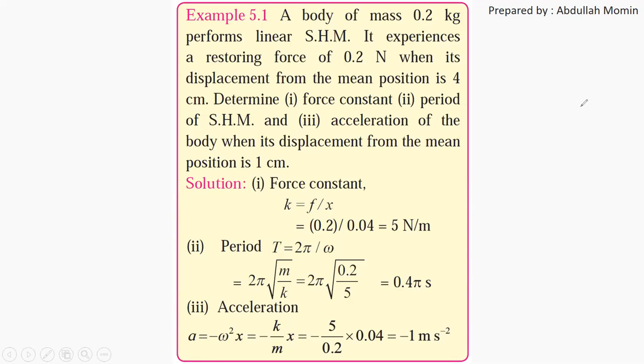A body of mass 0.2 kg performs linear SHM. It experiences a restoring force of 0.2 Newton when its displacement from the mean position is 4 centimeter. So this is the mass of the body, which is 0.2 kg, and the restoring force F is 0.2 Newton.